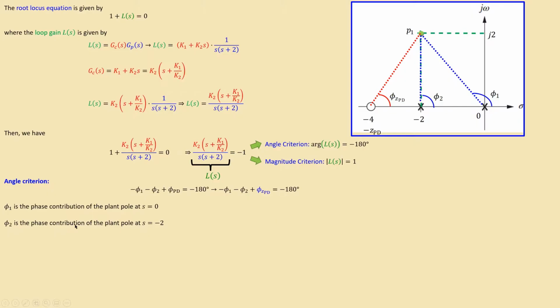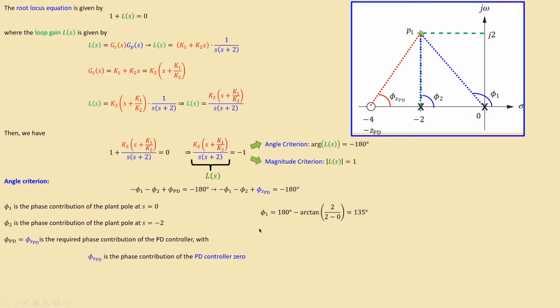Phi 2 is the phase contribution of the plant at s is minus 2, which is the other pole. And the phi PD is the phase contribution required by the PD controller, which in this case is just the phase contribution by the 0 of the PD controller.